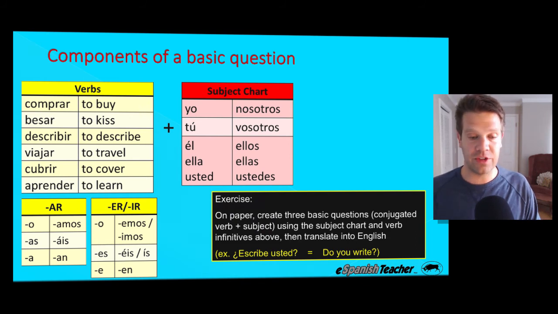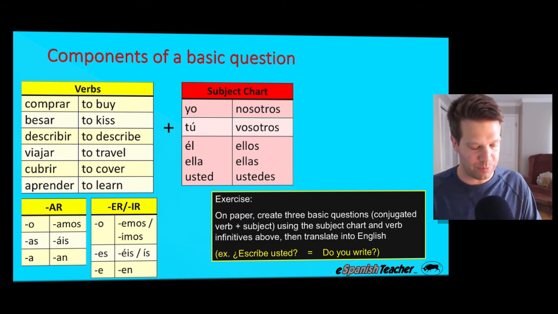Notice the voice inflection. ¿Viaja ella? And I'm going to write that on paper. I'm also going to include the upside down question mark and the right side up question mark. And I'm going to do that with 3 or 4 of these verbs. So go ahead and do that now, and when you're ready, unpause the lesson and we'll proceed.